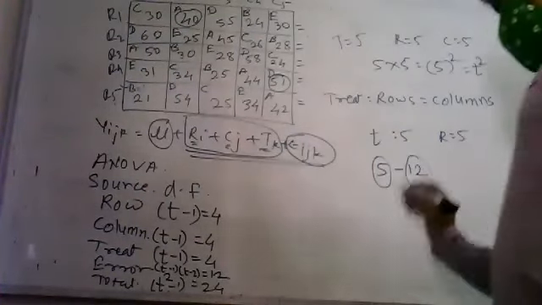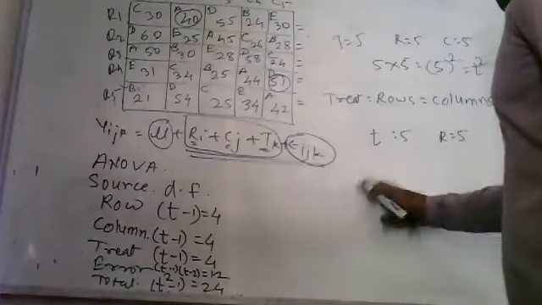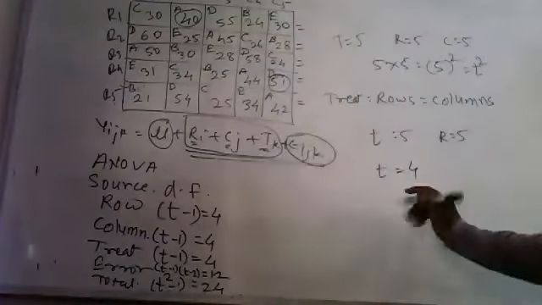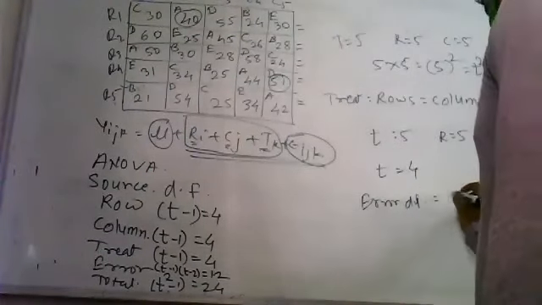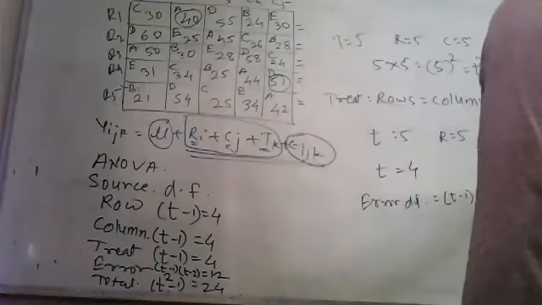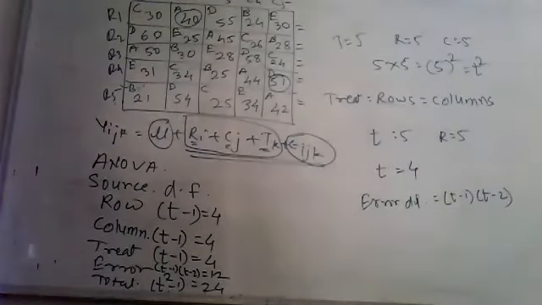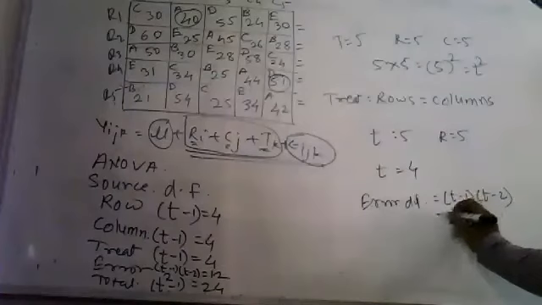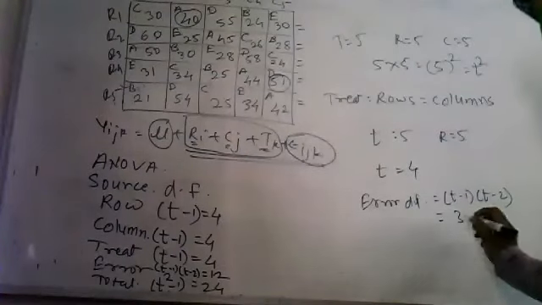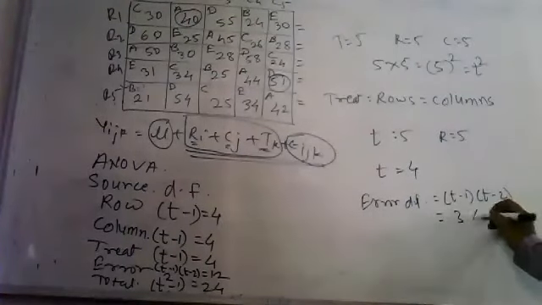Okay? What happens if we are using 4 treatments? Then error degree of freedom, which is given by T minus 1 into T minus 2, so T minus 1 becomes 3 and T minus 2 will become 2.